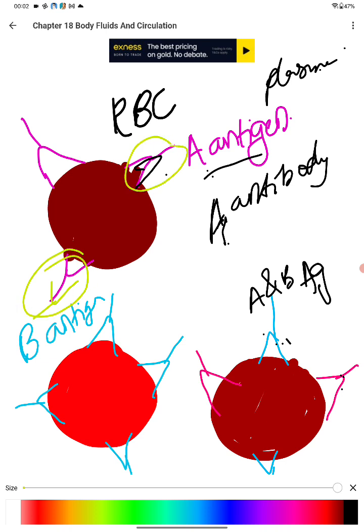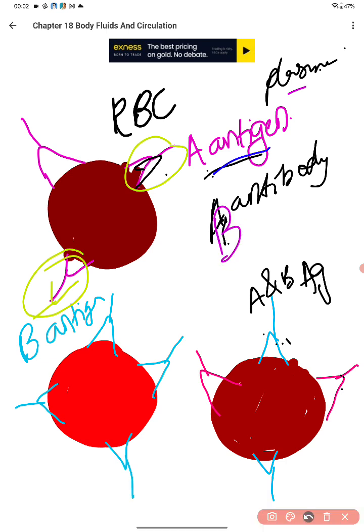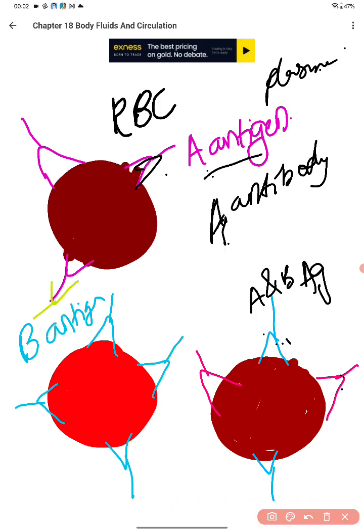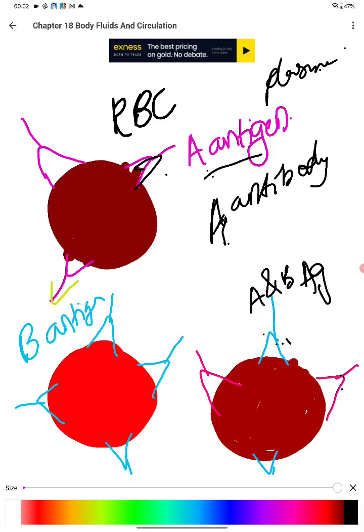Nature knows this. So for A antigen, the plasma has B antibody.